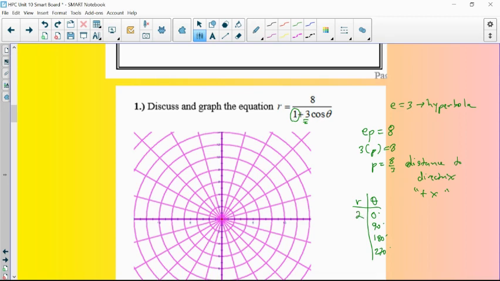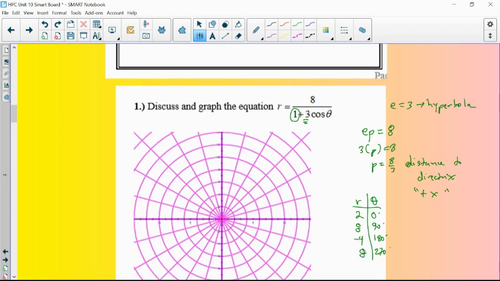You get a nice value. At 90 degrees, cosine does nothing, so we're at a value of 8, which I have a feeling is going to be off my page. At 180, the cosine of 180 is -1. So we get 1 minus 3, which is -2, so we get 8/-2, which is -4. And then at 270, again, much like 90, we get 8.